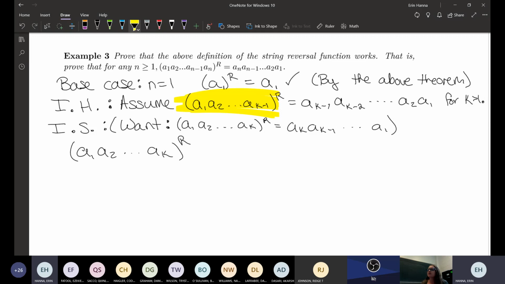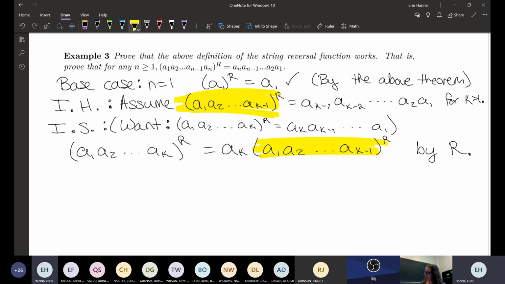Well, if I use that recursive step on what I have right now and take that a sub k out to the front, then I'm left with that string from a1 to ak minus 1, all reversed. So we can bring that ak out front, and this is by that recursion step from the definition above, which is why I wrote by R.